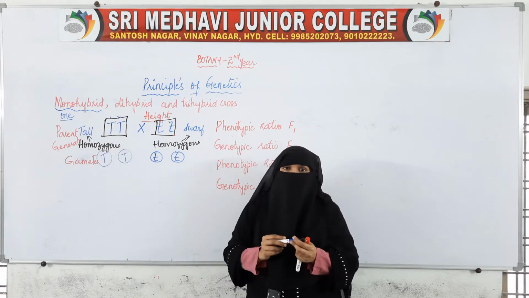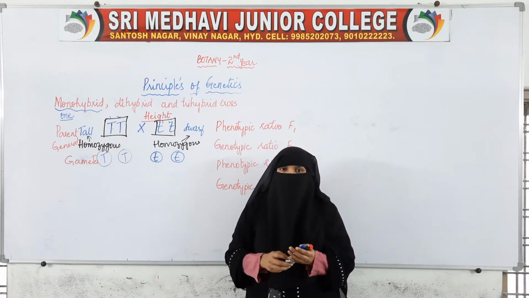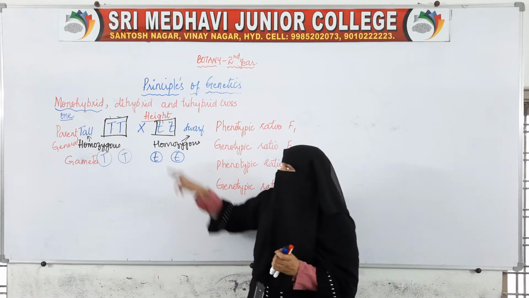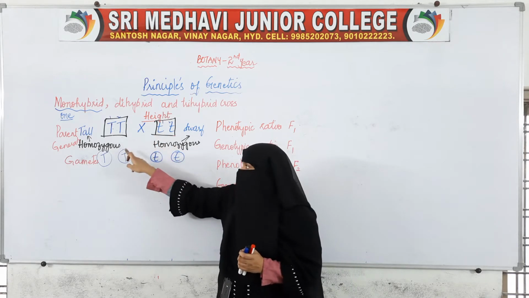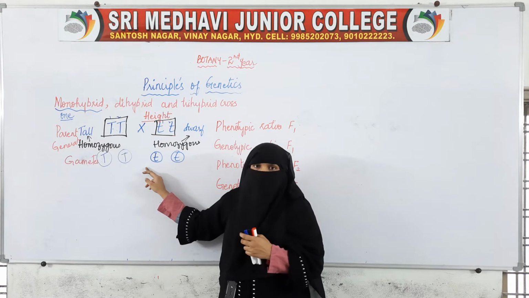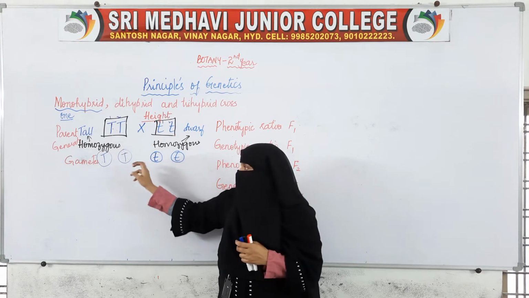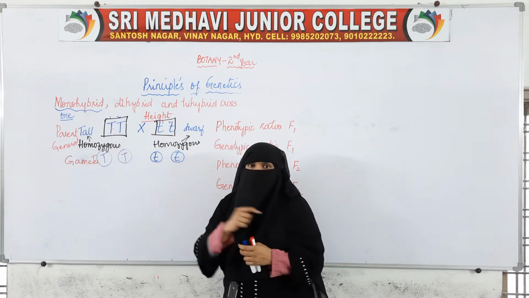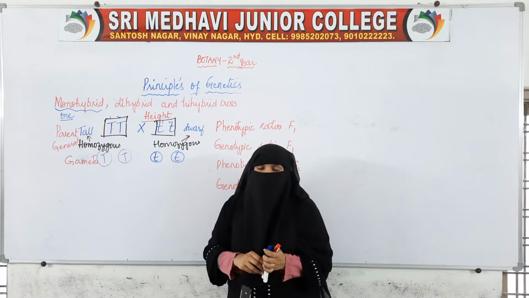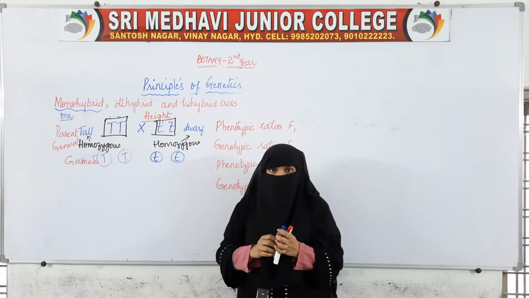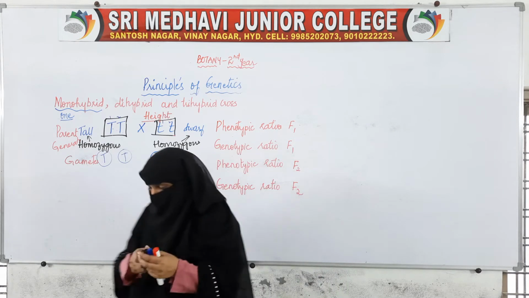This is the law of segregation, the formation of gametes. When two parents are crossed, they produce gametes by segregating the alleles. Now these two are the gametes we have found. The gametes will fuse, and now we will see how to make this cross.